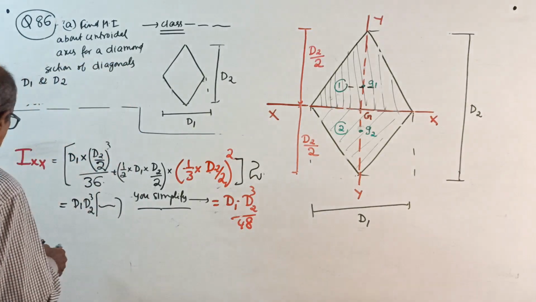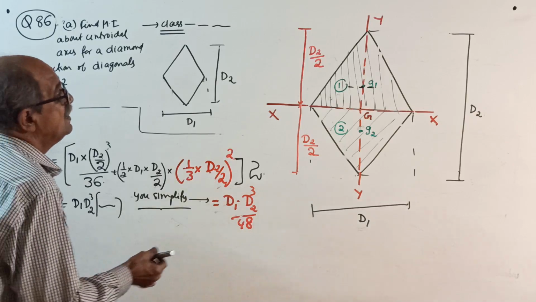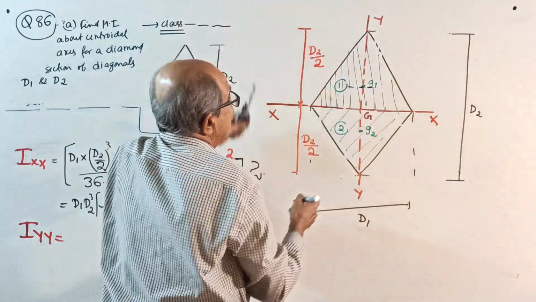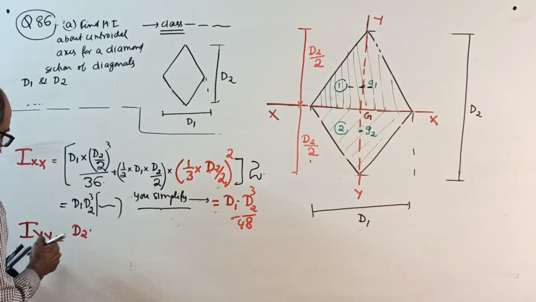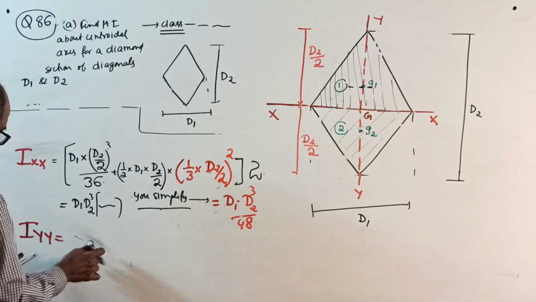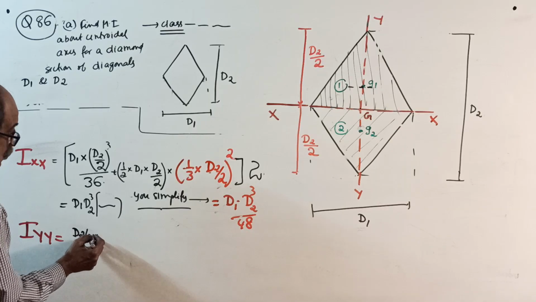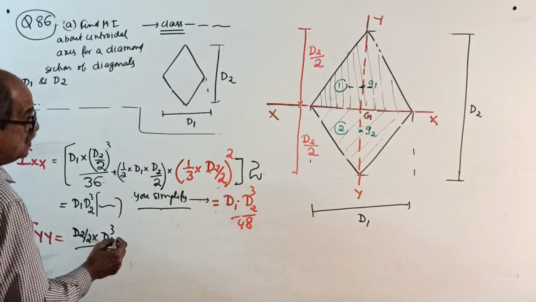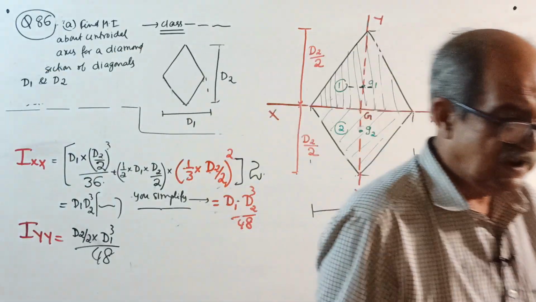The same way, IYY. I'll write here, okay, space is there. IYY, see. Start. I about, first here, its own centroidal axis, isosceles triangle, be careful. Parallel is D2 by 2. This is a black color only. Red is for H square. It is D2 by 2 into D1 cube divided by 48. Told many times for you. Visible in camera?